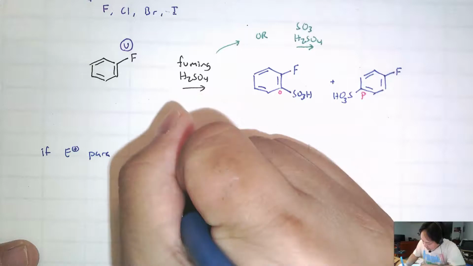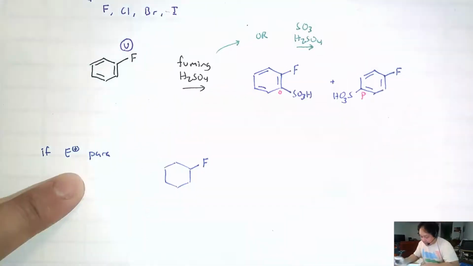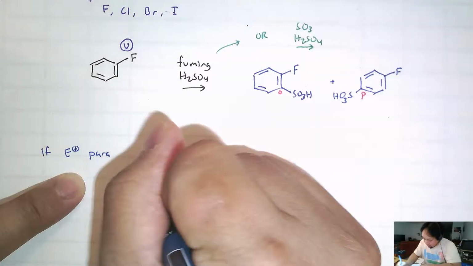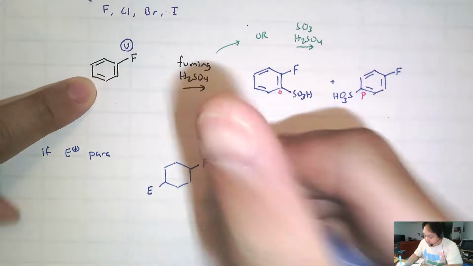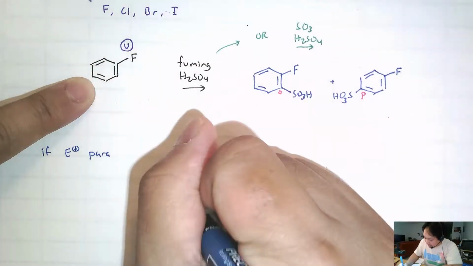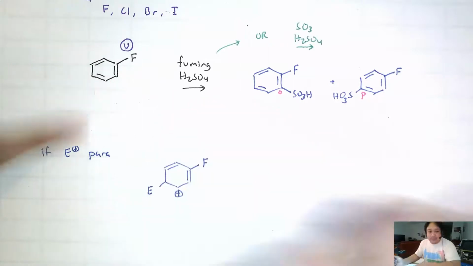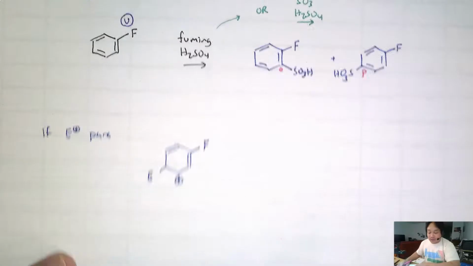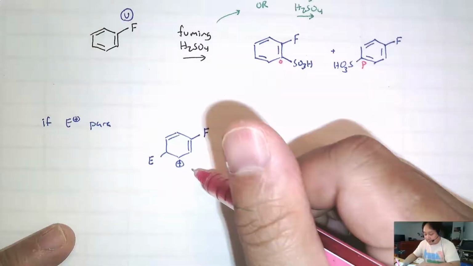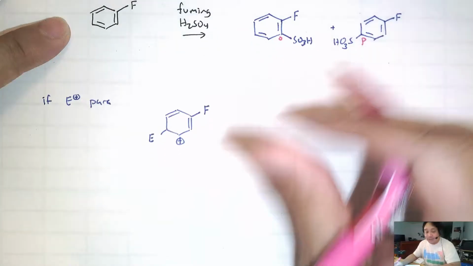So here we have fluorine, and para is right here, E. And based on my drawing, I used the double bond on the 7 o'clock position. So your plus charge is now here. Okay, that's a skill, something you want to be able to do pretty efficiently: to draw the arenium ion that results from adding the electrophile in different positions.